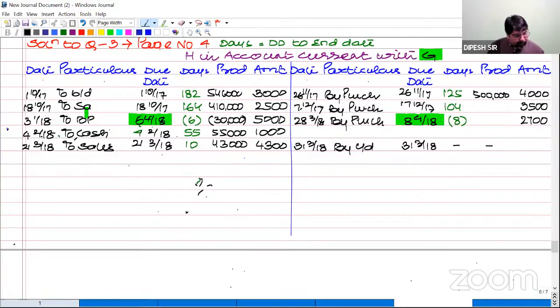Then 104 into 3,500. This will become negative. 2,700 into 8, negative 21,600.